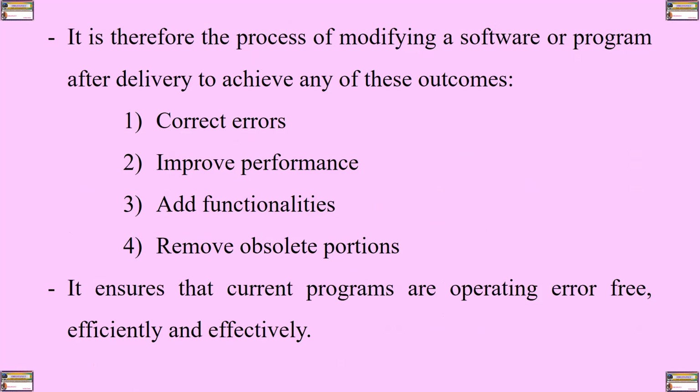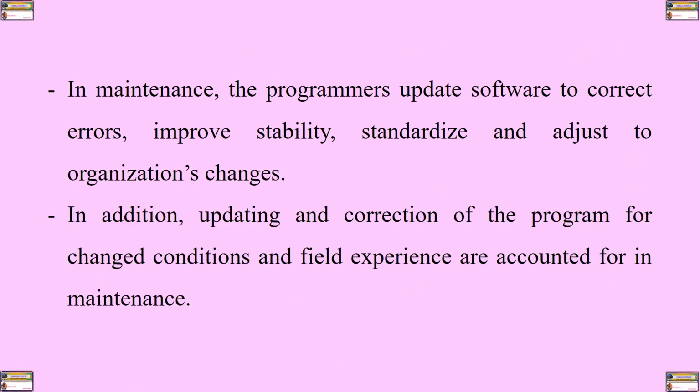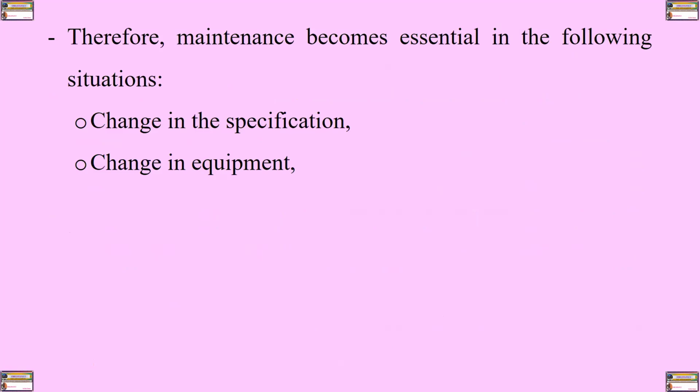It ensures that the current programs are operating error-free, efficiently, and effectively. In maintenance, the programmers update software to correct errors, improve stability, standardize and adjust organization's changes. In addition, updating and the correction of the program for changed conditions and further experience are accounted for in maintenance.